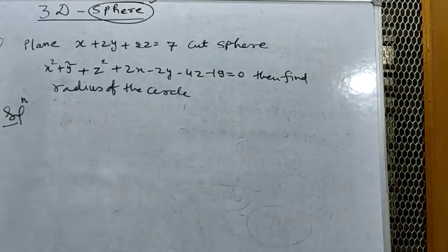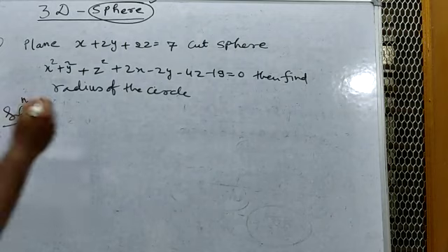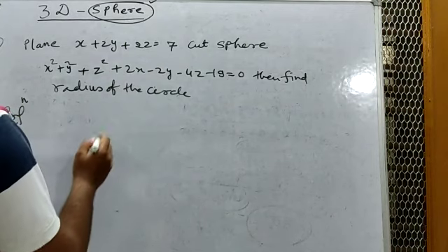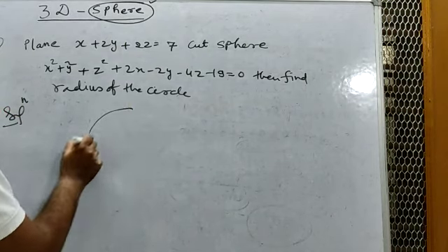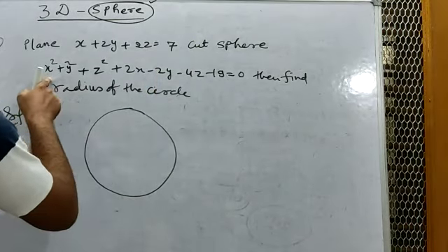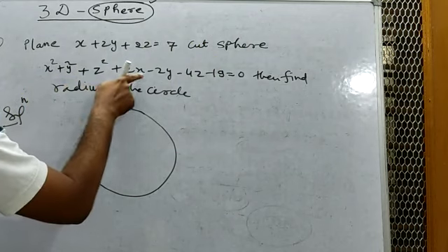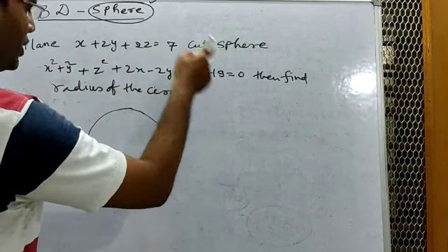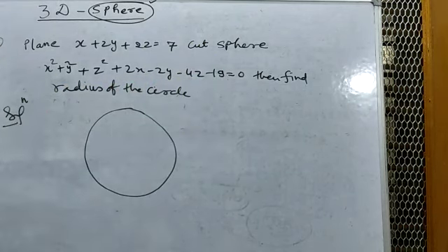Look students, it is asking about a given plane which cuts a sphere. Friends, I am drawing that sphere, x square plus y square plus z square plus 2x minus 2y minus 4z minus 19 equal to 0, and a plane which cuts the given sphere.